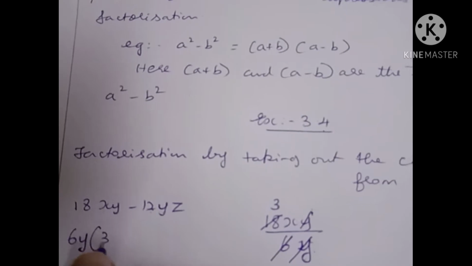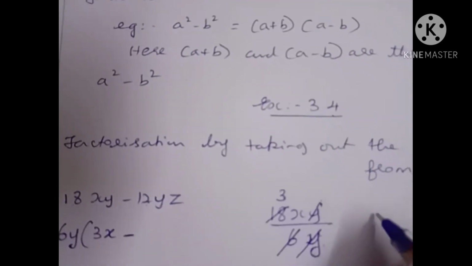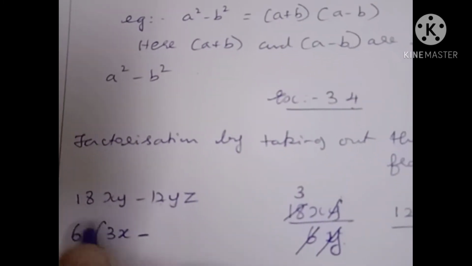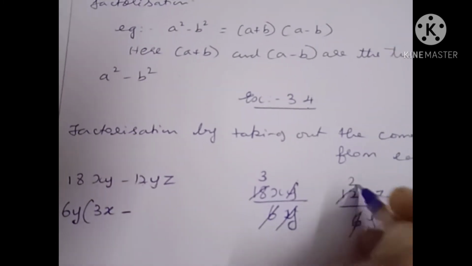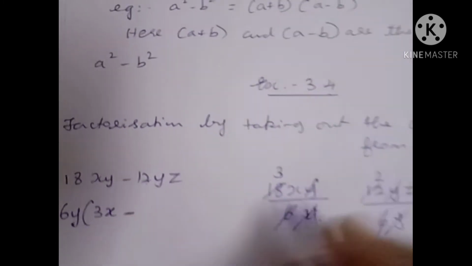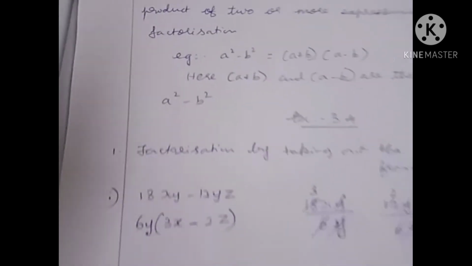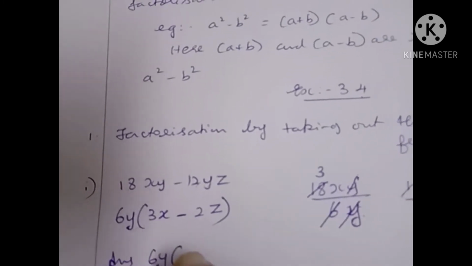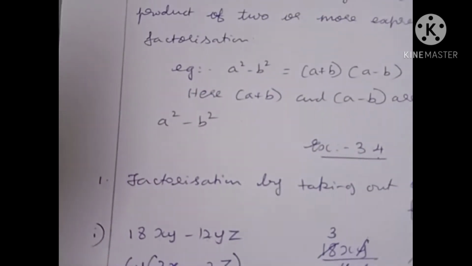The remaining is 3x minus, and the next one is 12yz by the common factor you have taken, 6y. So in 6 table 2 times, y and y cancel, the remaining is 2z. So the answer is 6y into 3x minus 2z.